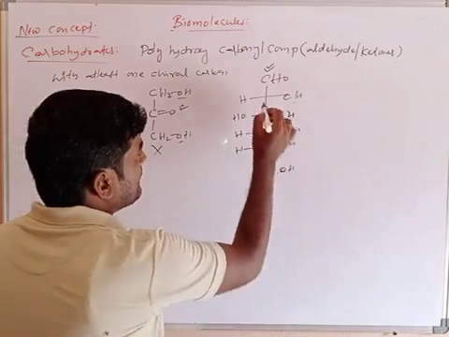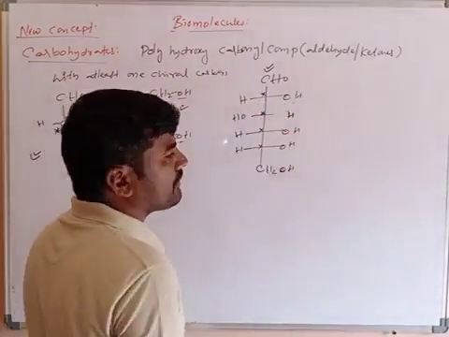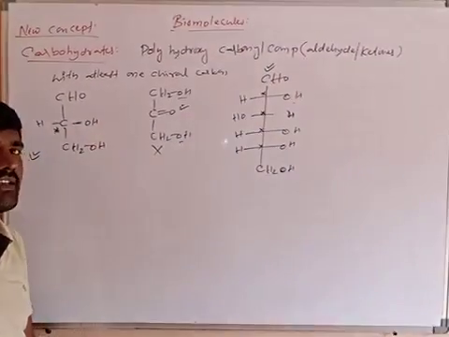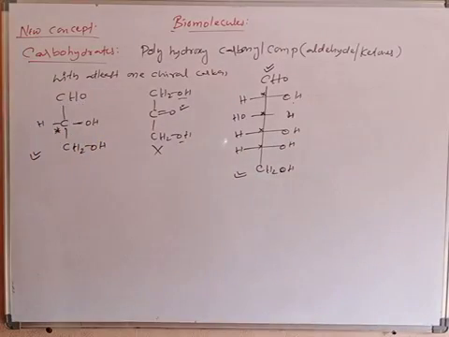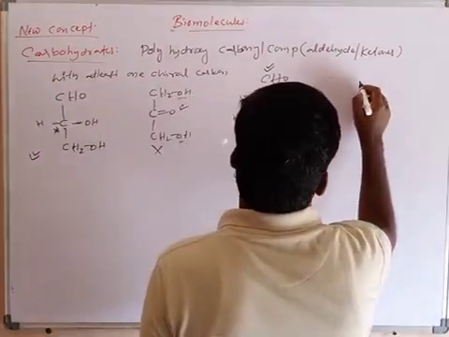Polyhydroxy, and it has chiral centers. How many chiral centers are there? 4 chiral centers. With at least one chiral center, and here 4 chiral centers are there. So it is a carbohydrate. Clear? Understand?